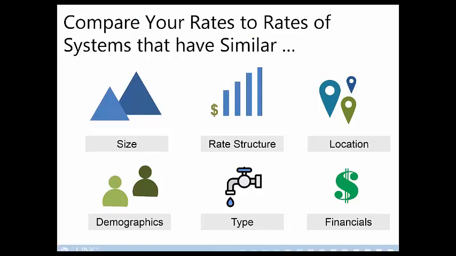It's not just, you know, what's a utility that's in your area or that is governed by the same council of government. It's really a lot of different factors that you can choose from to find the ones that are most relevant to you.